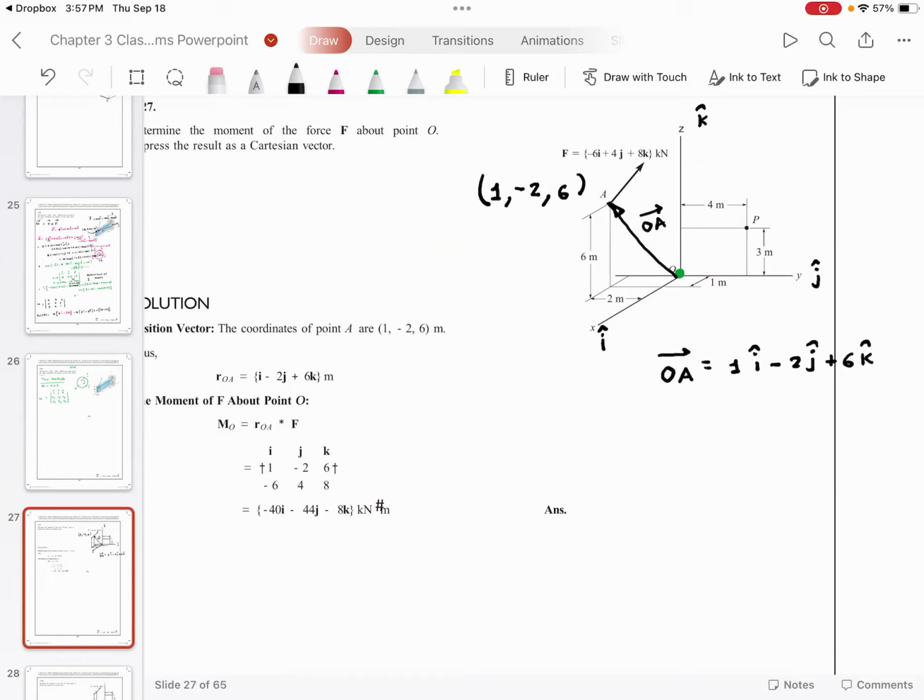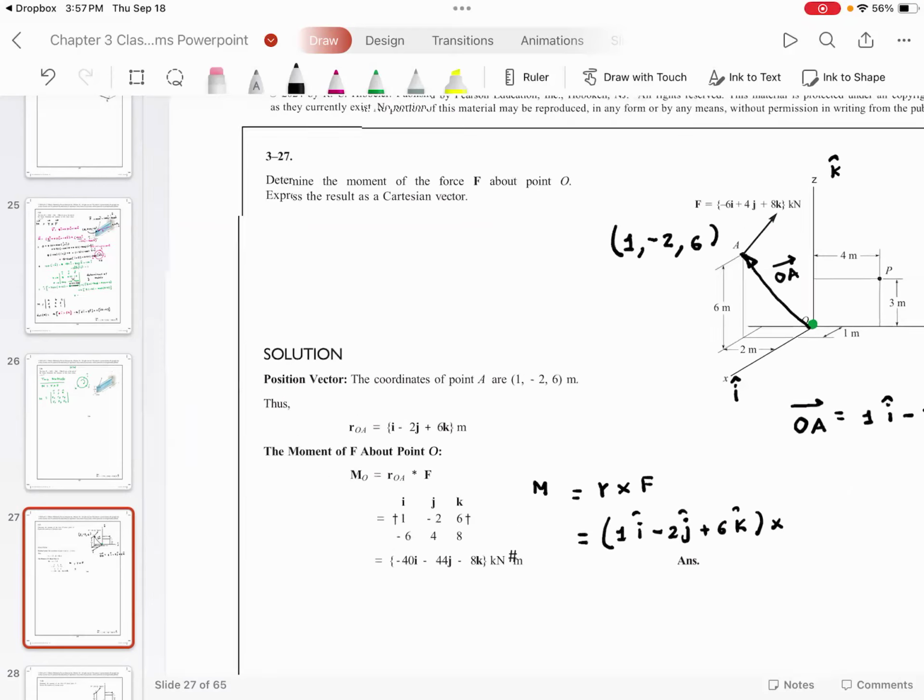And you would do R cross F. And R is 1i minus 2j plus 6k. Cross.